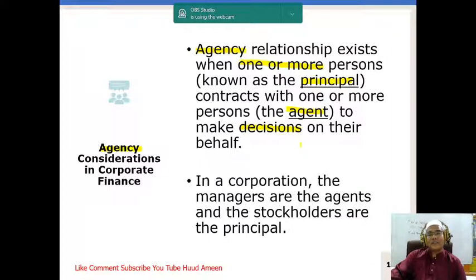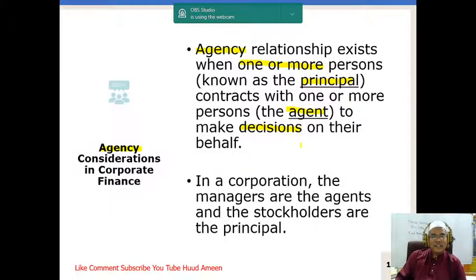For example, you as the principal have the money but don't have much time to run the business, so you appoint one person, for example your friend, to run the business. This is called the agent. So the two key persons here are the principal and the agent.